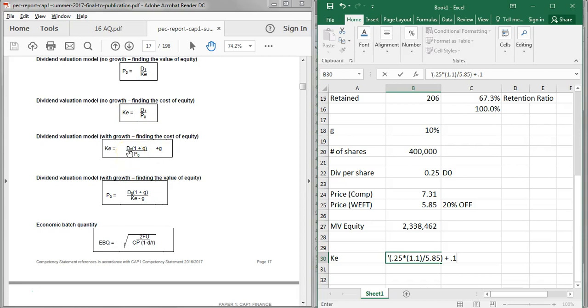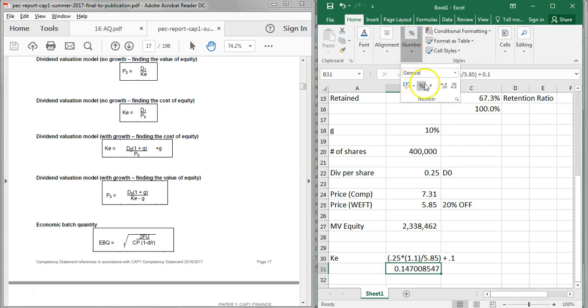It's 0.25 times 1.1 divided by 5.85 plus your 0.1. So that's just a rearranging of the dividend valuation model. Now if we come back down to get a solution, our cost of equity is about 14.7%. About 14.7% is your cost of equity.